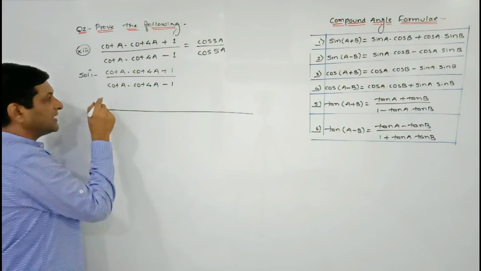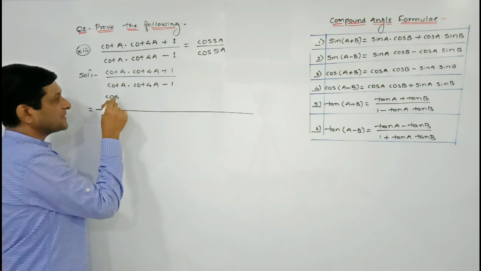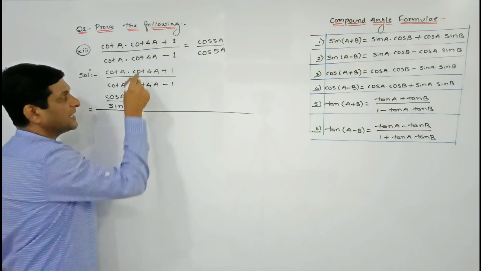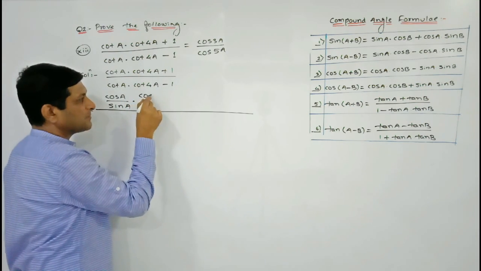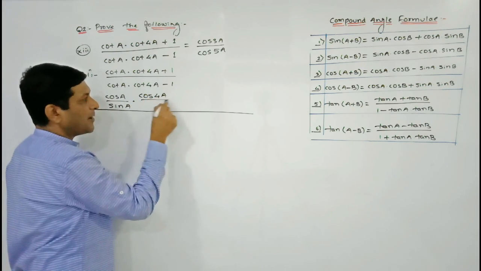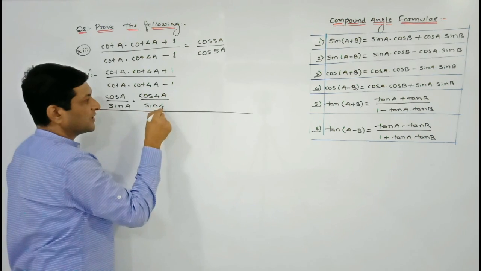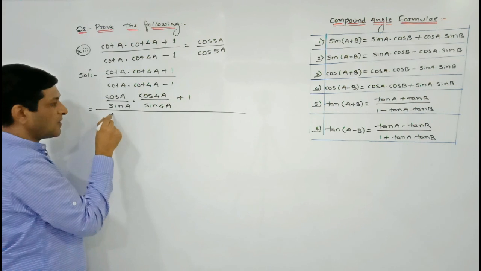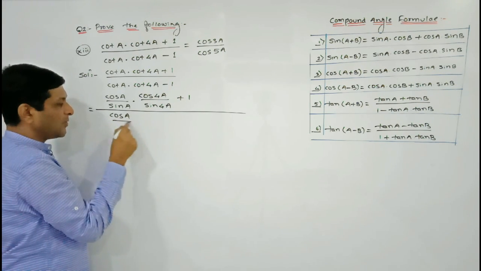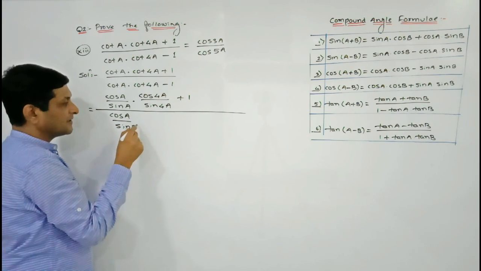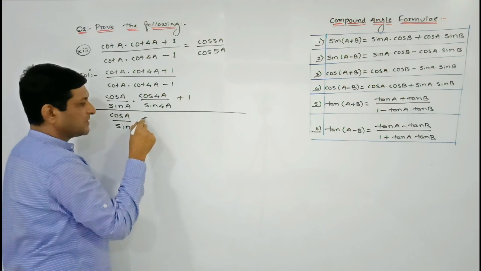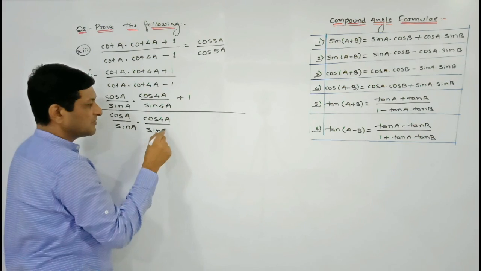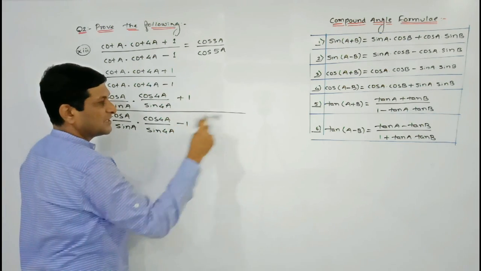So cot A can be replaced by cos A upon sin A, into, again cot 4A can be replaced by cos 4A upon sin 4A plus 1, keep it as it is. And in the denominator again cot A can be replaced by cos A upon sin A into cot 4A, which can be replaced by cos 4A divided by sin 4A minus 1, keep it as it is.